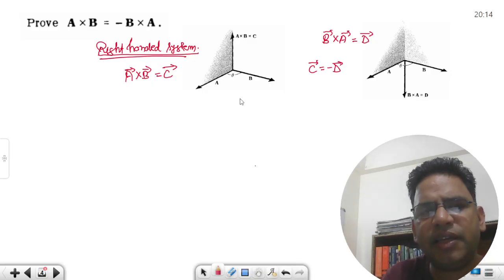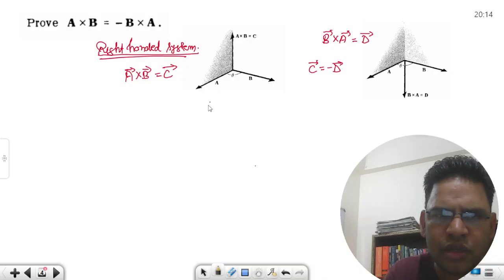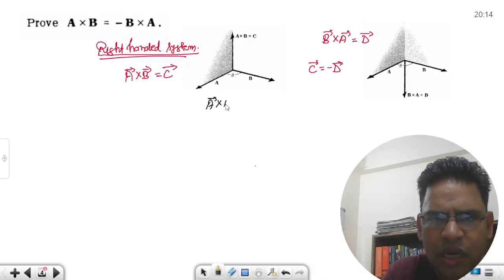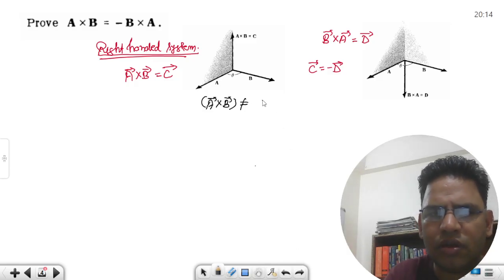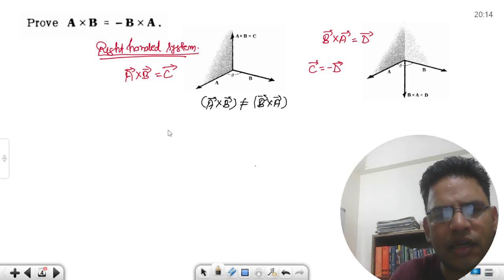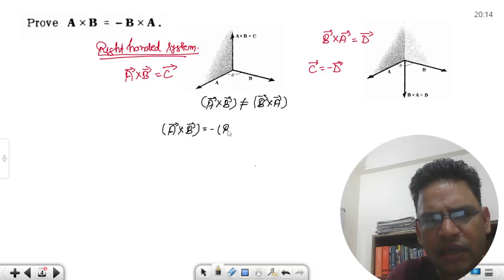A cross B is not equal to B cross A. Rather, A vector cross B vector is the same as minus B cross A vector.